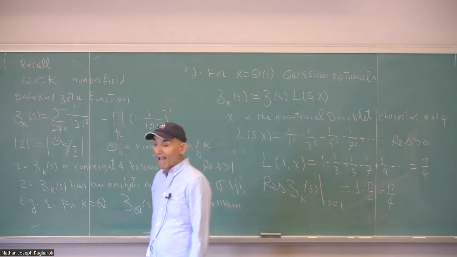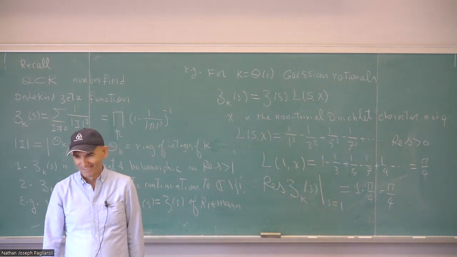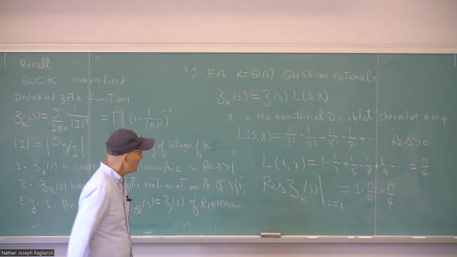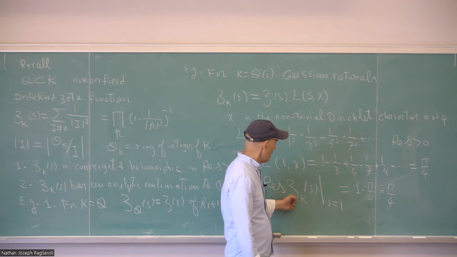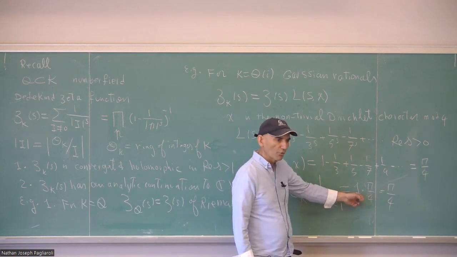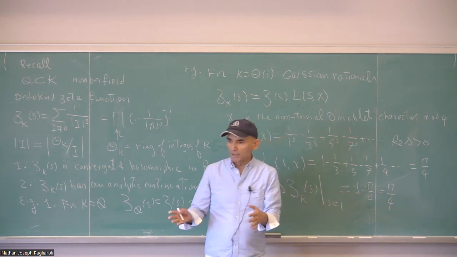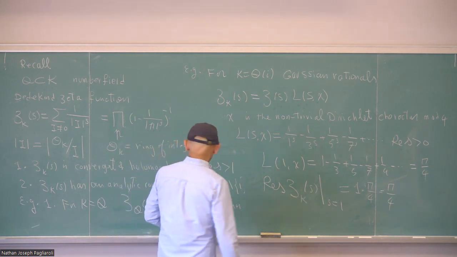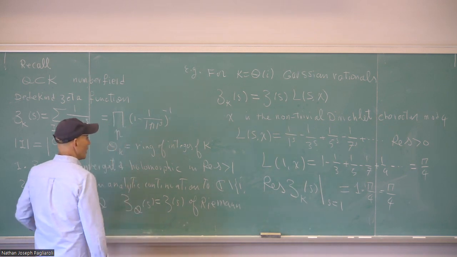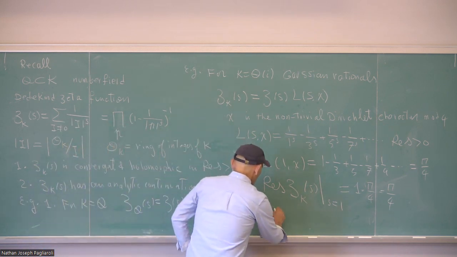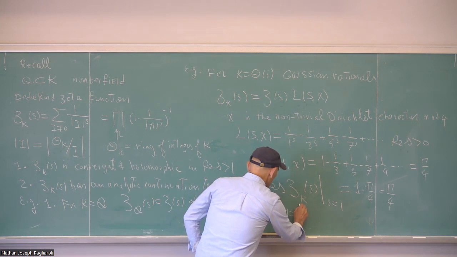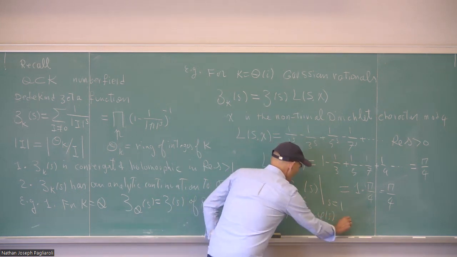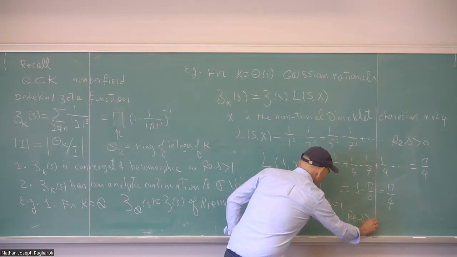Minus 1/2 is the value of zeta at 0. These are special values. And the reason for the residue of zeta at s equal to 1 to be 1, of course, is that we established that at least for real part of s positive, there is an expansion of the following form: zeta s is equal to 1 over s minus 1 plus phi of s, for real part of s bigger than 0.